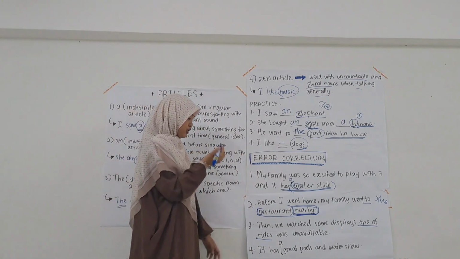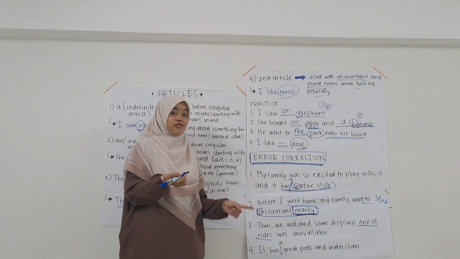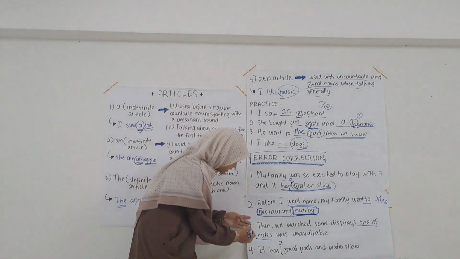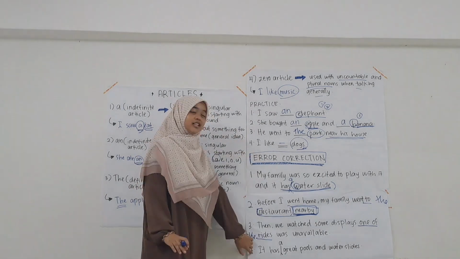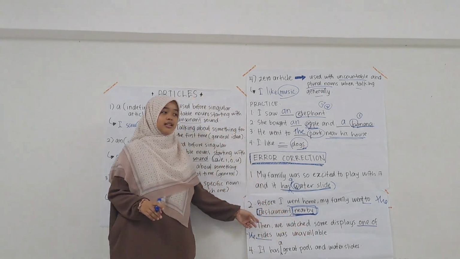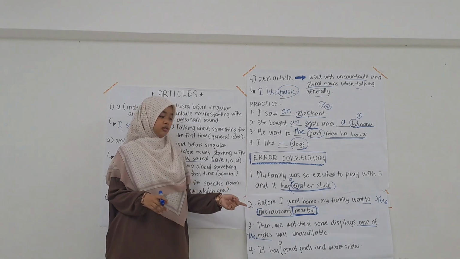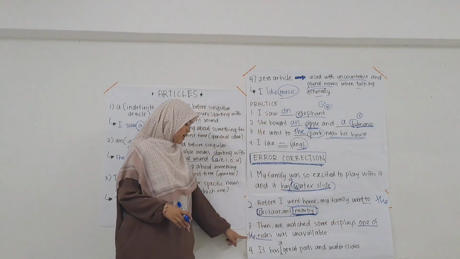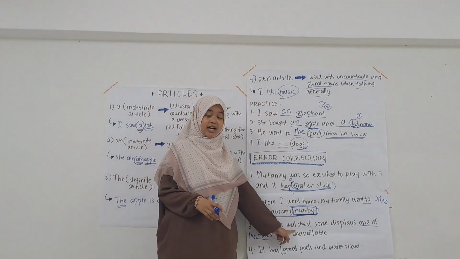Right, you should put one of the rides. You have to put the definite article the before the noun rides, because you are referring to rides that are unavailable in the theme park, for example. So you say, then we watched some displays. One of the rides was unavailable.